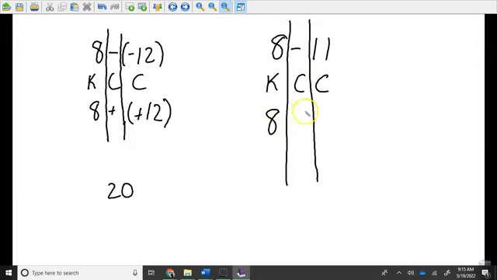I'm changing this minus to a plus sign, and I'm changing this positive 11 to a negative 11. So now 17.2, I'm adding integers with different signs. So what I'm going to do is 11 minus 8. I get 3, and then I keep the sign of the bigger number, so my answer will be negative. Okay?